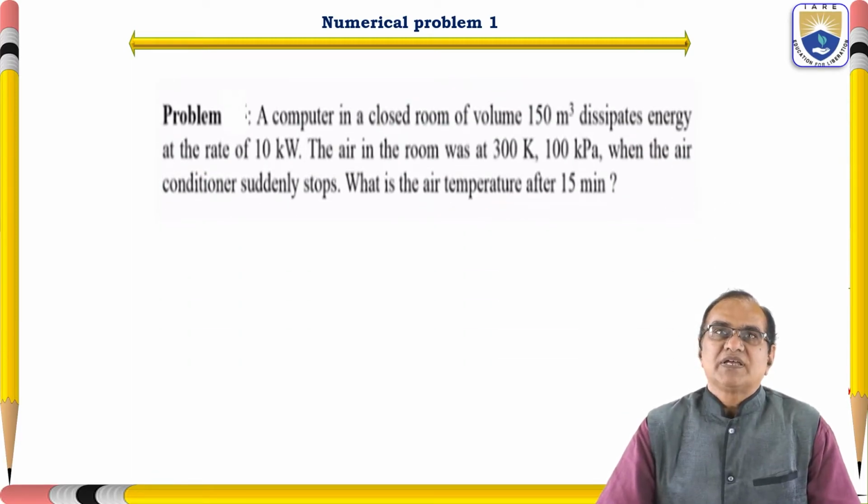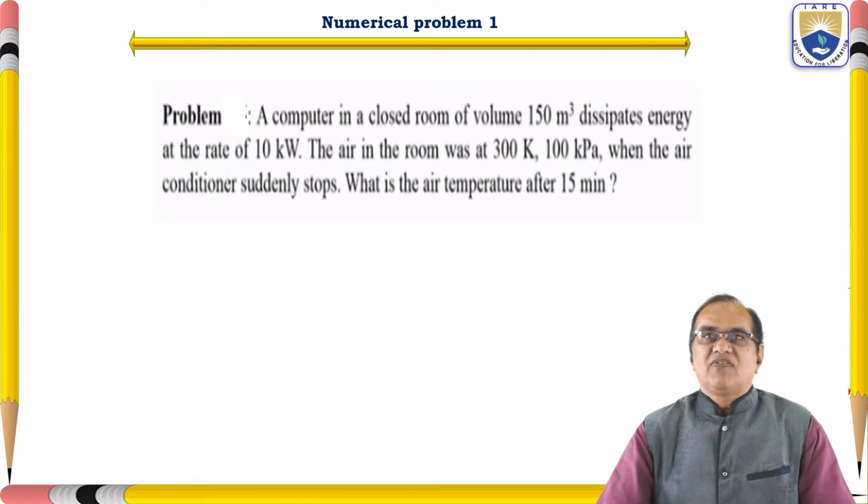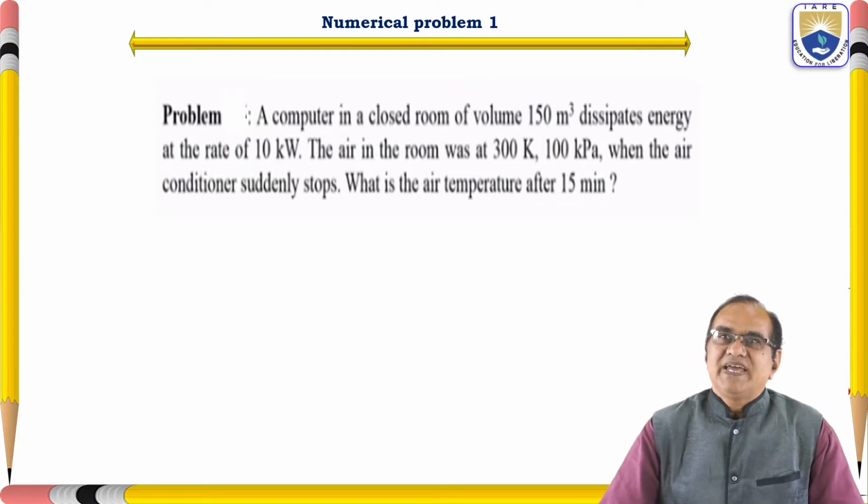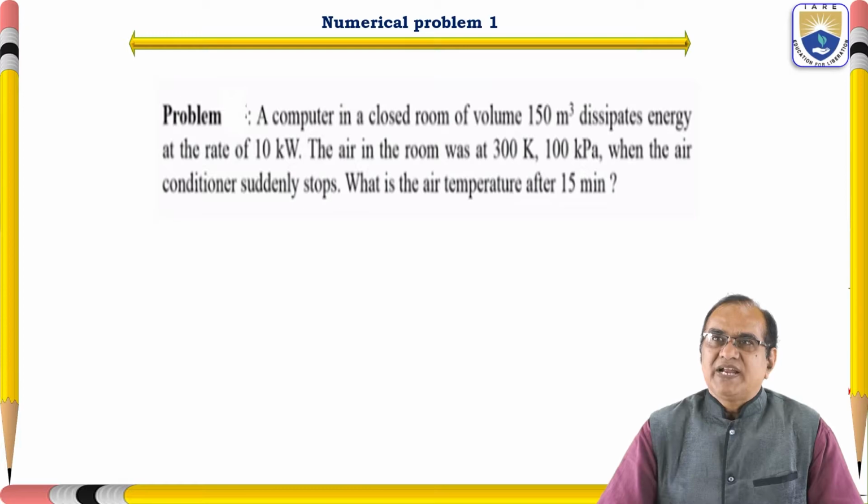So here the problem: a computer in a closed room of volume 150 meter cube dissipates energy at the rate of 10 kilowatt. The air in the room was at 300 Kelvin, 100 kilopascal.